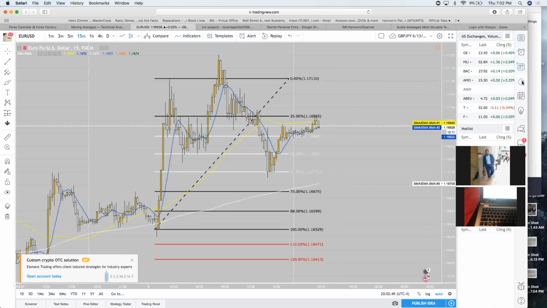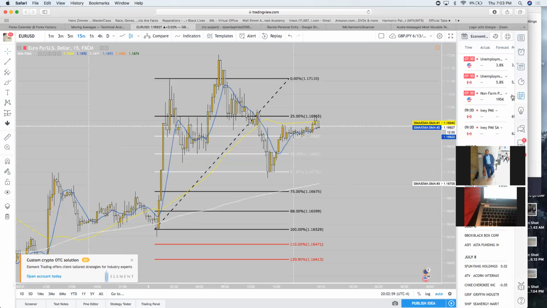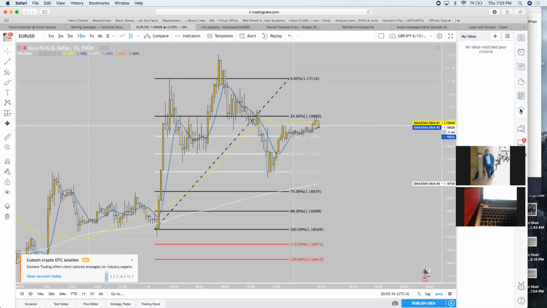On the hot list, I don't use too much of the hot list, but I believe this is the U.S. exchanges. The calendar, this is all the news. So once you go to the calendar, you're gonna see all the news that happens throughout the day. I believe, yes, and if you want to scroll back, you're able to scroll back from the previous days as well too.